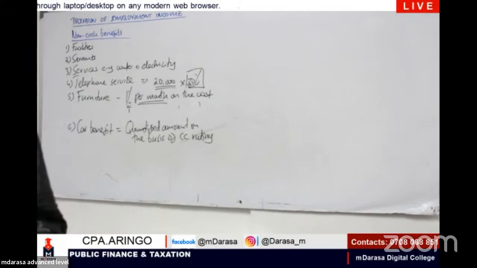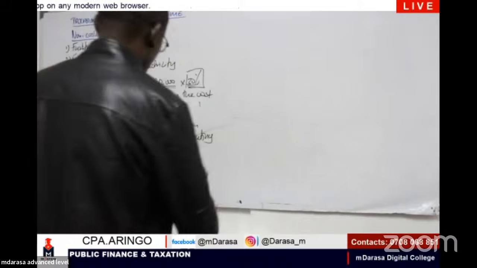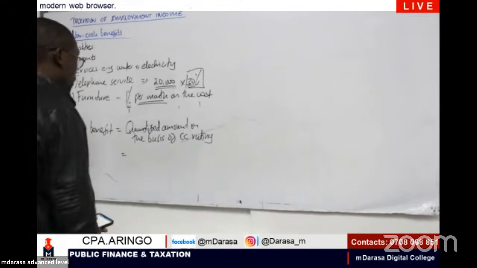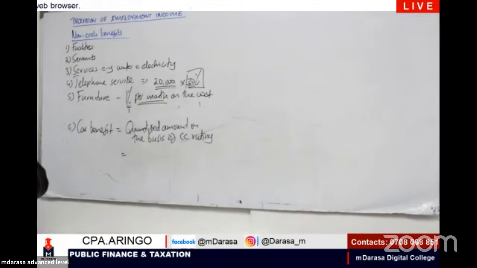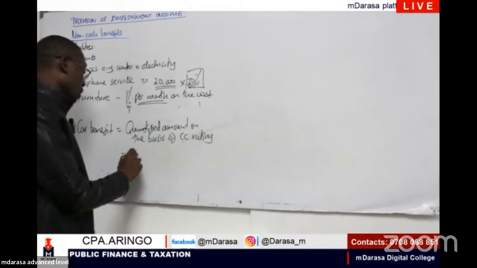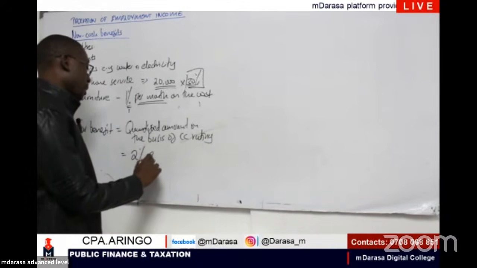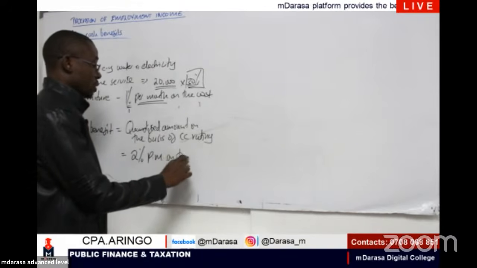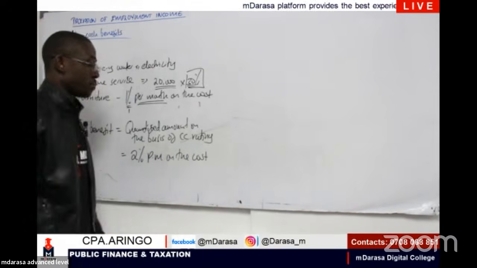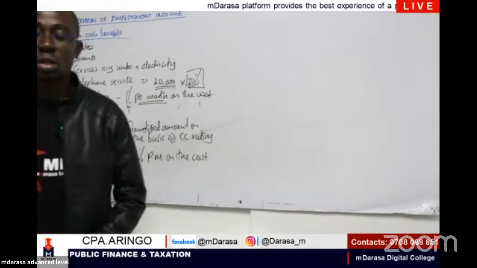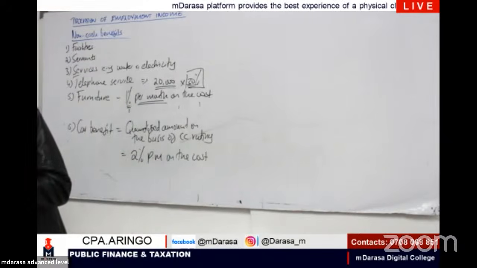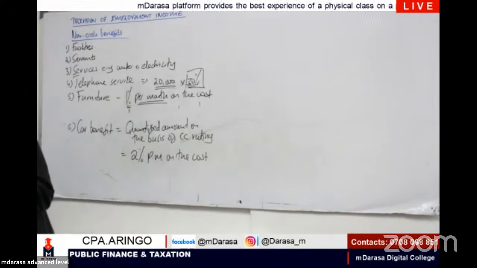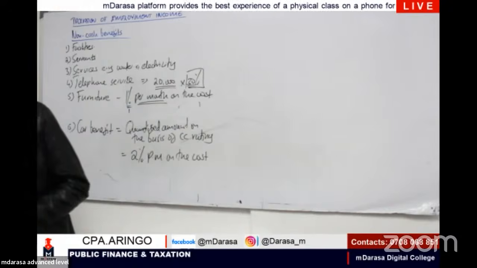The CC rating of the car, and/or the prescribed rate of the benefit, which is usually 2% per month on the cost of the motor vehicle.